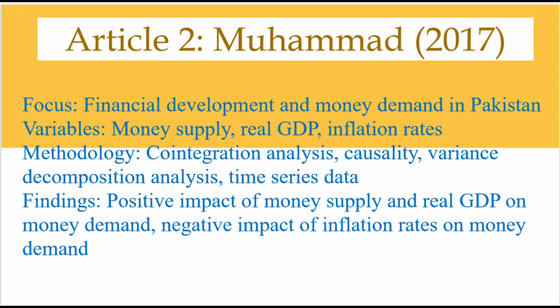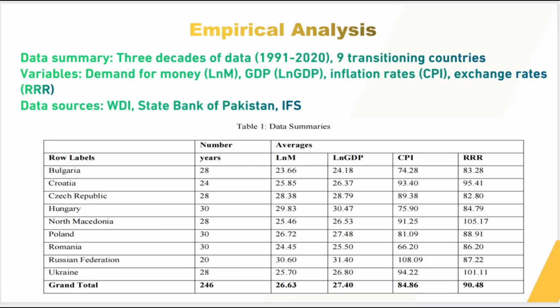The conclusions drawn were that money supply and real GDP are significant factors influencing money demand in Pakistan, and there exists a close relationship between financial development and money demand in the country, with higher levels of financial development leading to greater money demand. The empirical test conducted in this seminal study follows a similar approach to the well-known study by Ellen and Ali 2008.